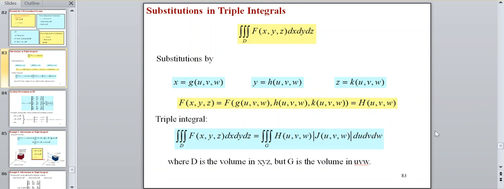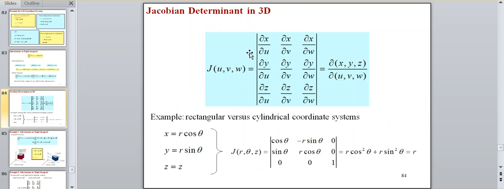And what is the Jacobian of the substitution? Here you can see it's a 3 by 3 determinant. The first row has the partial derivatives of x with respect to u, v, w. The second row has the partial derivatives of y, and the third row has the partial derivatives of z, which might also be denoted by this symbol.